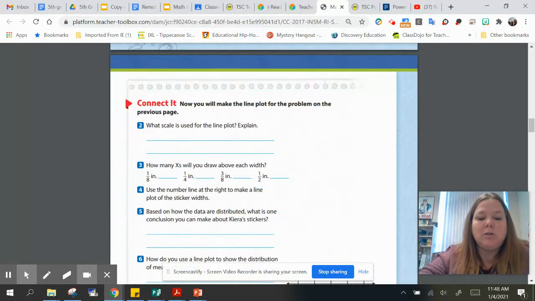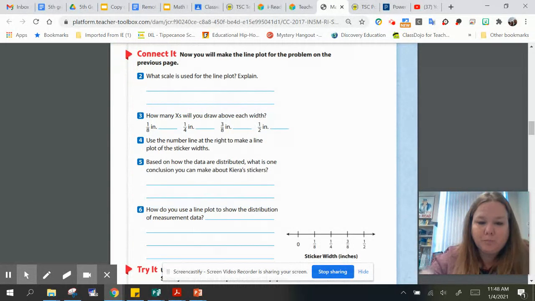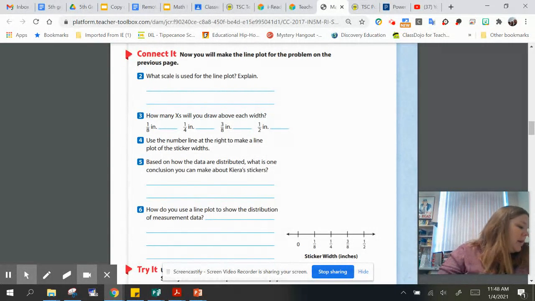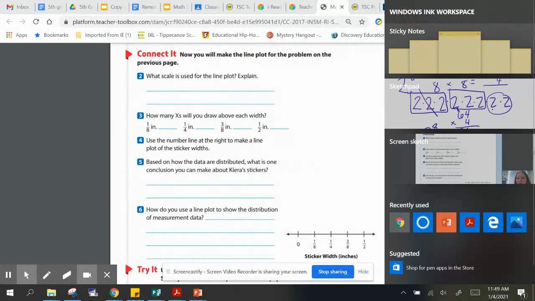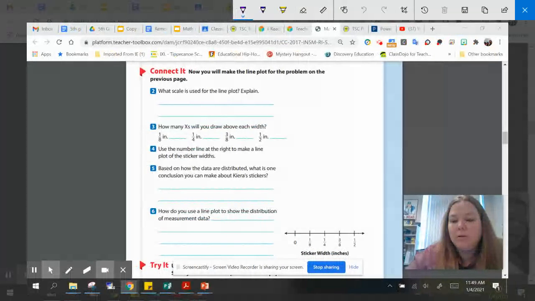So now let's answer these questions. What scale is used for the line plot? Explain. And that's just what we did. The scale is in 1/8, eighths of an inch. Oh my gosh, it's going to be hard to write. Eighths of an inch. I'm so sorry, you guys.